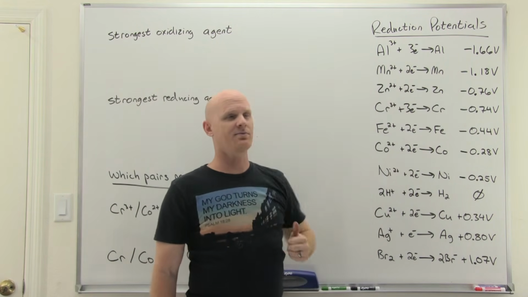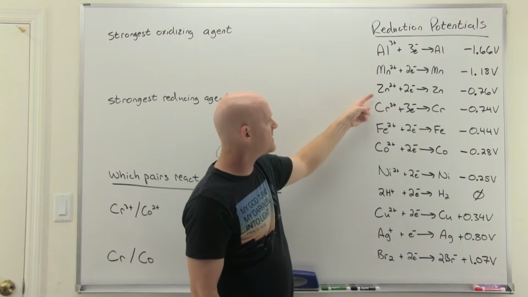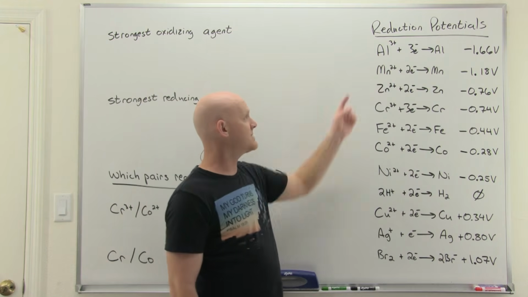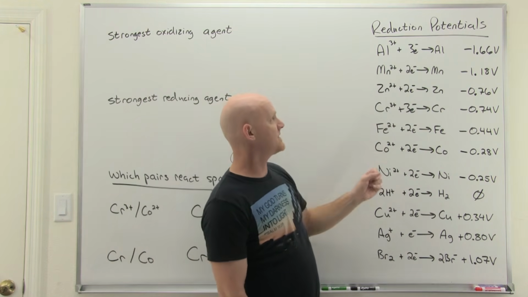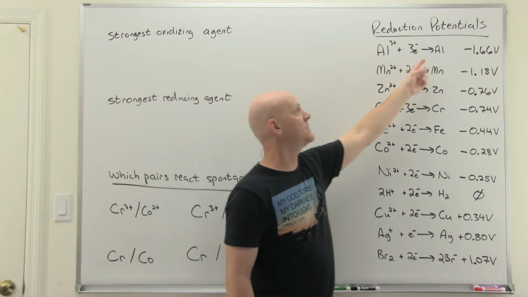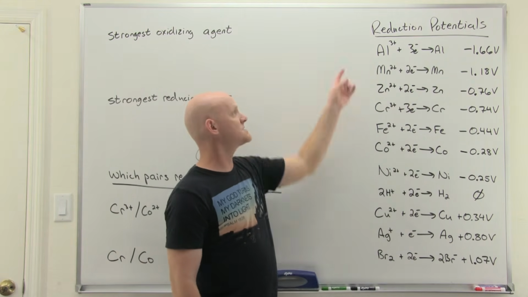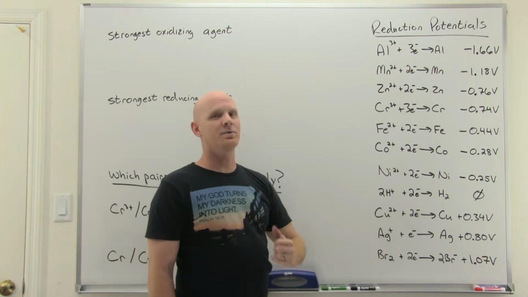First off, check, halfway there. And these are the reactants. So my correct answer here has to be one of these on the left. The right answer could be Al3+, it could not be Al, not as an oxidizing agent. Oxidizing agents get reduced, and they're the reactants in a reduction.